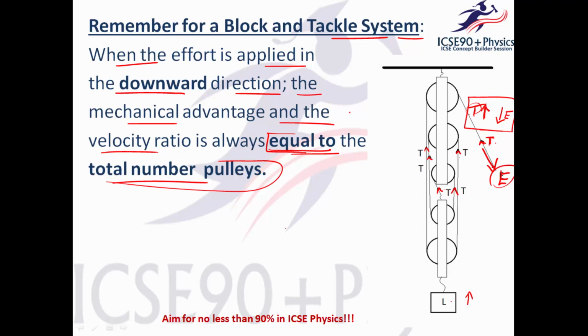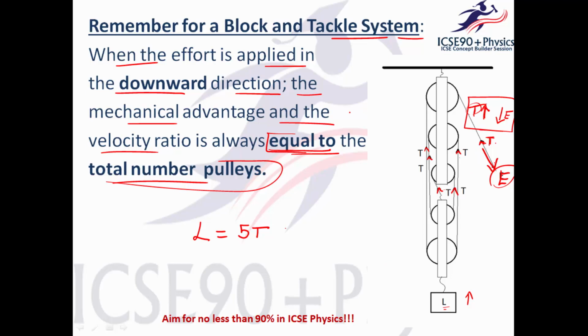As a result, the load L is being supported by the remaining 5 portions of the string. That means load L is being supported by the different 5 segments of the string. So we can say load L is equal to 5T and not 6T.